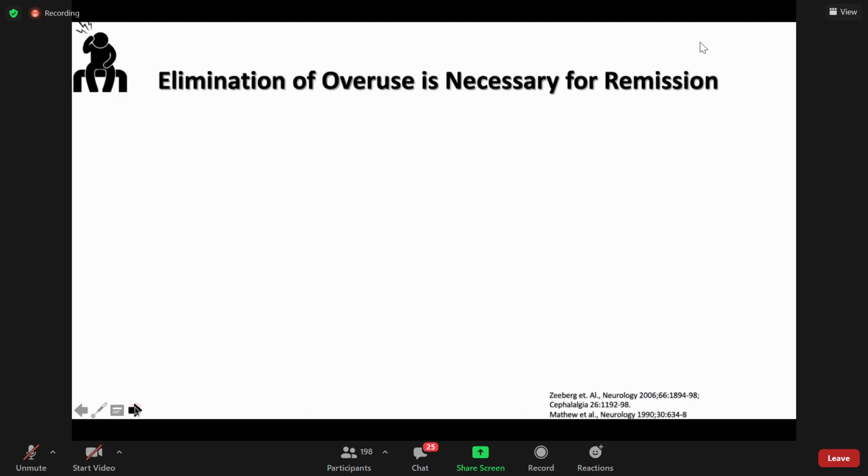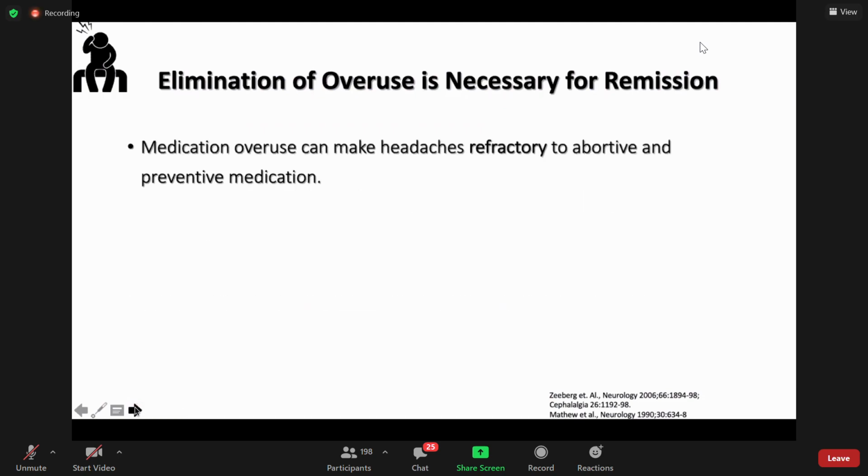So in order to get over that, the patient must stop it. It may be difficult at the beginning, but it is a step that has to be taken.